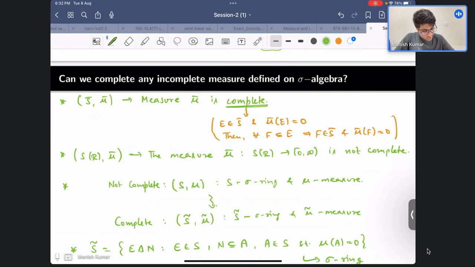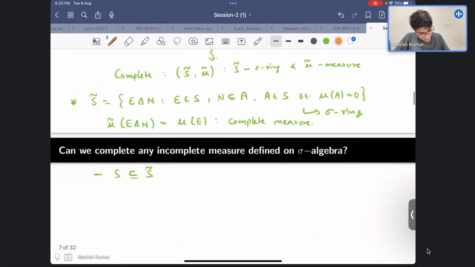If F is there, and a set is contained in some zero measure set, then it should be measurable and its measure should be 0. So when I say that S is not complete, what does this mean?